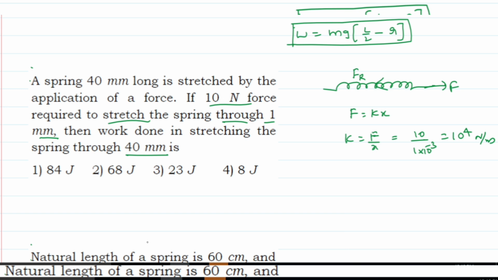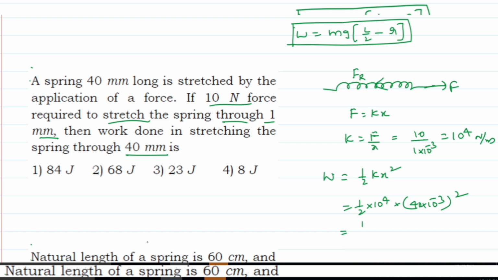Then the work done in stretching the spring to 40 millimeter. The formula for the work done to stretch the spring is half into k into x square. So half into the k value we got just now, into x square, where x is 40 millimeter, which you have to convert, and then whole square.